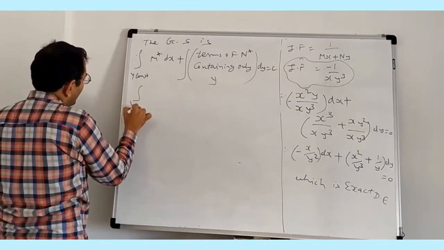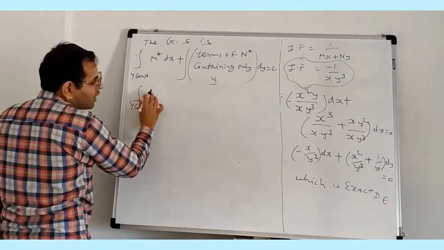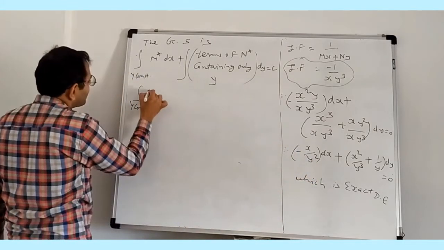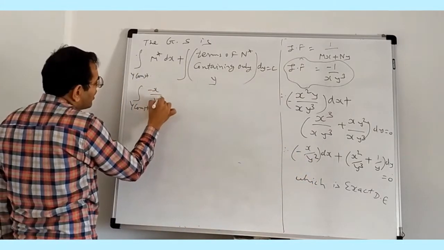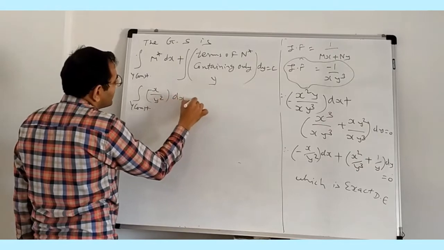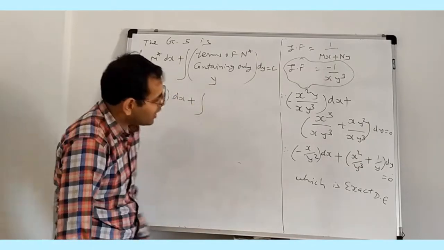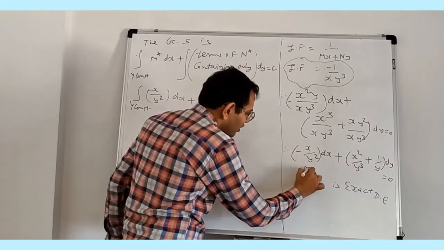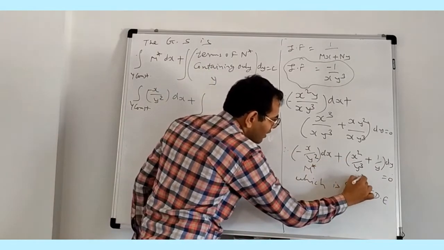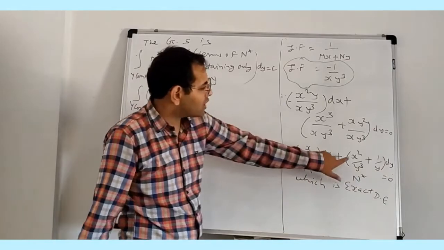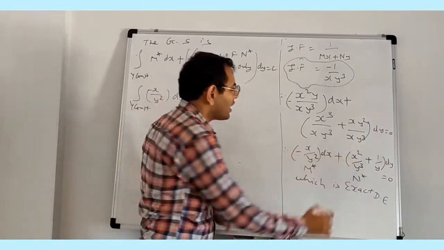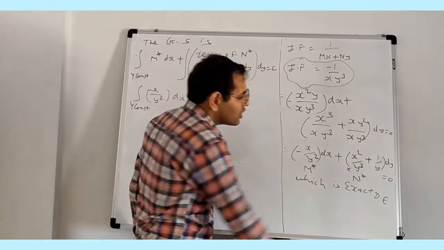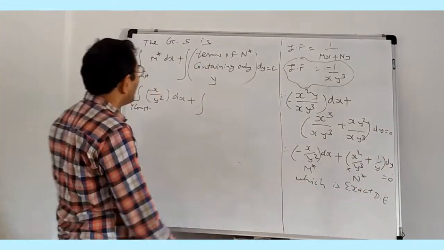Substitute values: integrating y constant M star, that term indicates minus x upon y square dx, plus integration. We require purely y term in N star. First term has x and y both, so we cannot consider this, consider only 1 upon y.